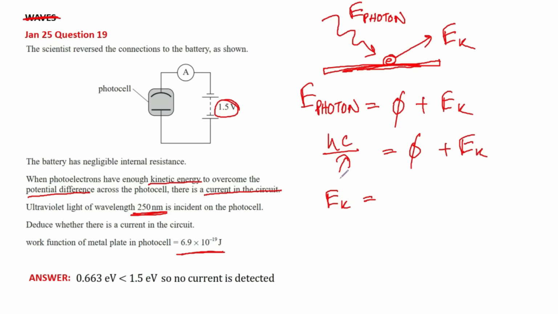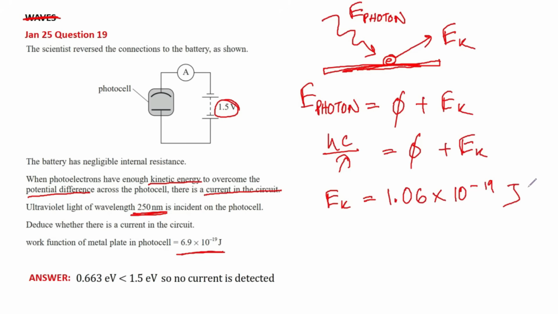Do this. You need to learn how to do complicated calculations like this in your calculator. So the kinetic energy that I get is 1.06 times 10 to the power minus 19 joule.